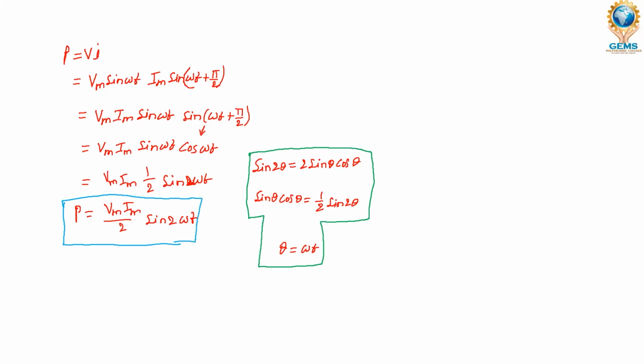But if you calculate the average value of Vm Im by 2 sin 2 omega t, it is equal to 0. The average value of this is 0. This is why we say power in capacitor is 0.